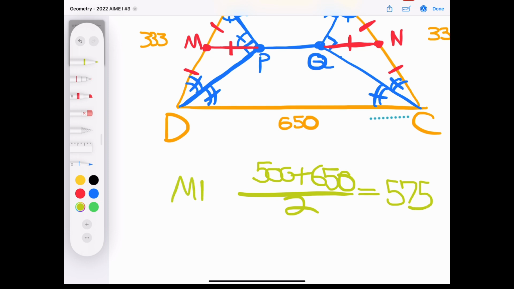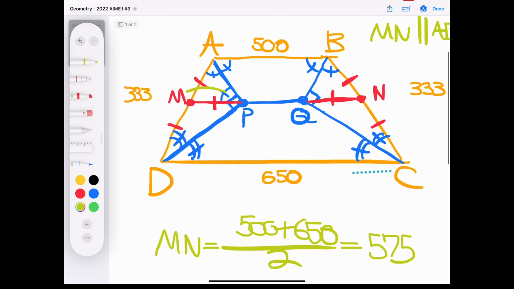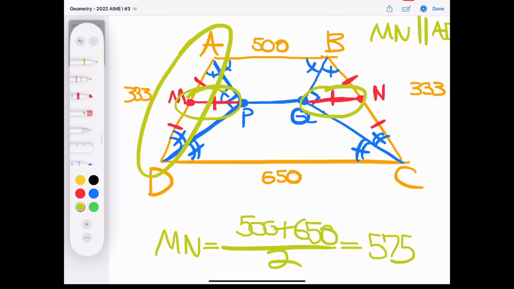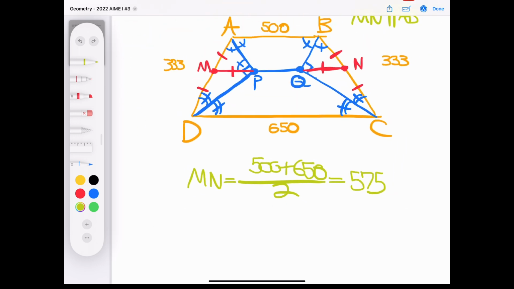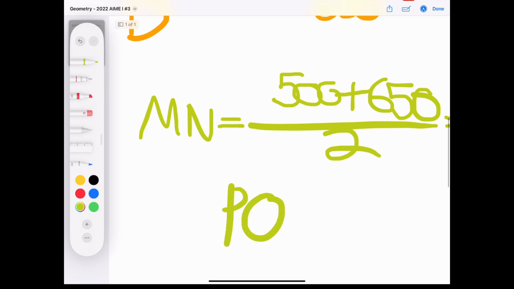We also obtain that MP and QN will each be congruent to half of the length of AD, so the sum of MP and QN will be the same as the length of the entire segment AD, which is 333. And so the length of MN will be the length of PQ plus 333.